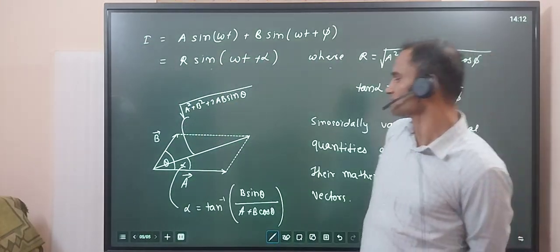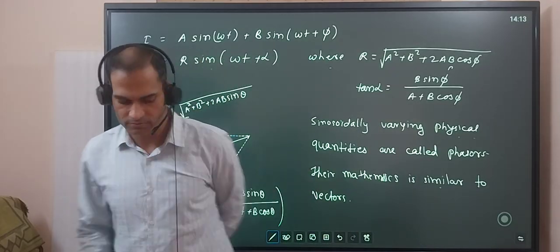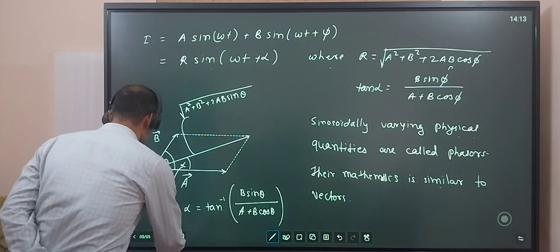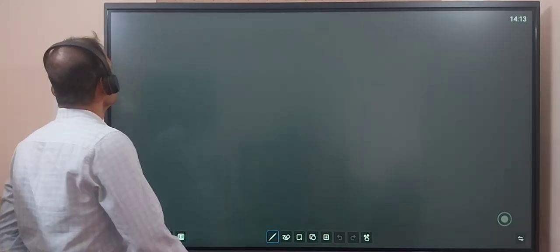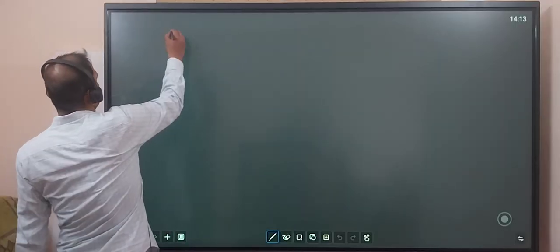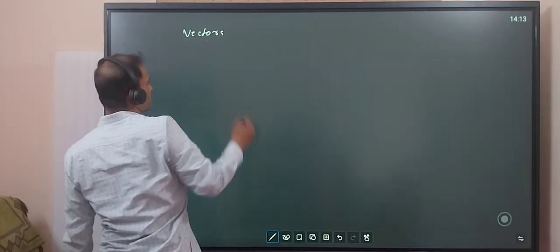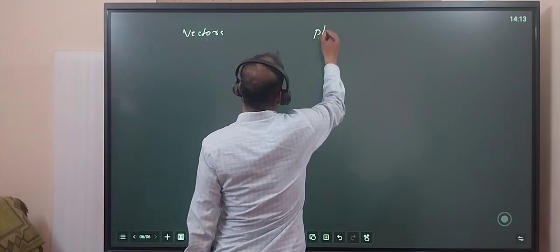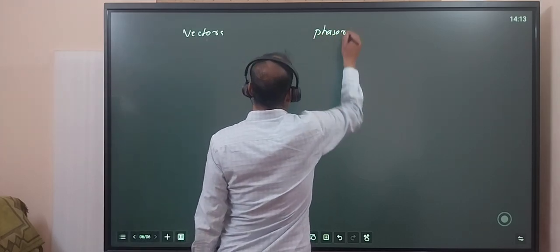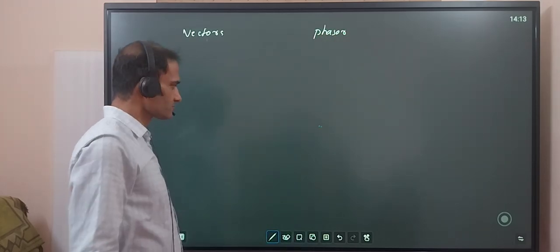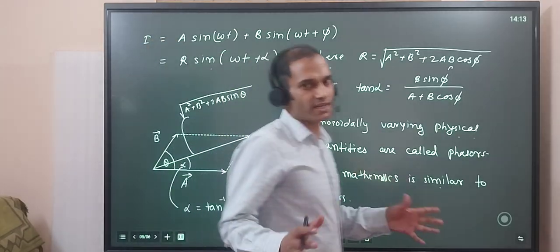So first we have vectors and then we have phasors. And one more thing, here the phasor is current.